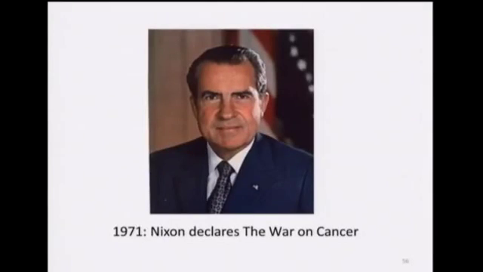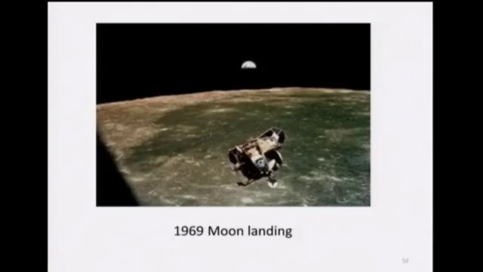Again, continuing in this view about the golden 70s, in 1971, Nixon signed a bill declaring the war on cancer. The context is very interesting. That's at a time when Americans had been very successful achieving major projects, major adventures.